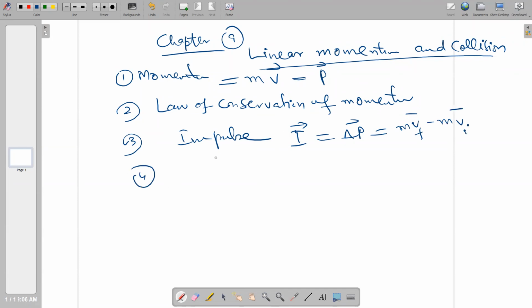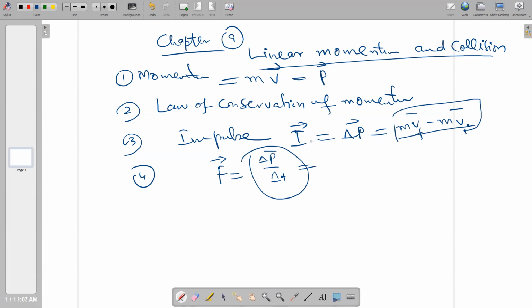Then we studied Newton's second law in terms of momentum, and that is F is equal to delta P over delta T. This is called rate of change of momentum, but that is called change in momentum. So change in momentum is called impulse, and rate of change of momentum is called force.